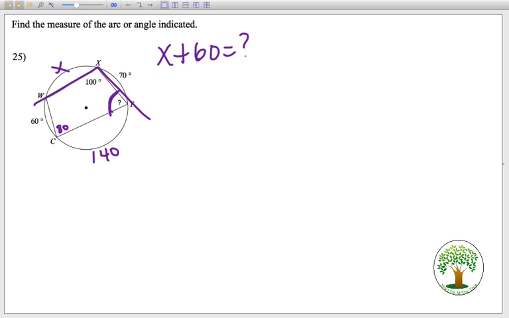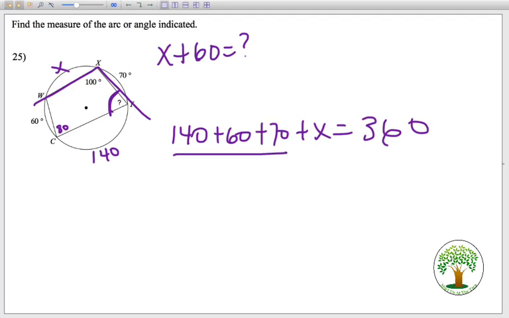So we've got 140 plus 60 plus 70 plus x gives us 360.